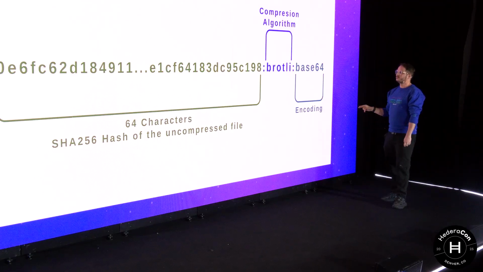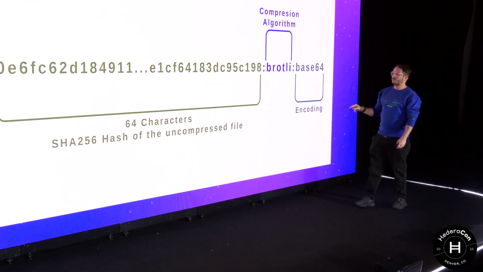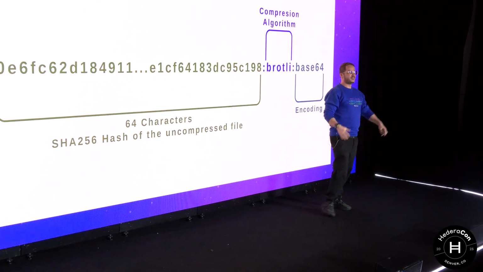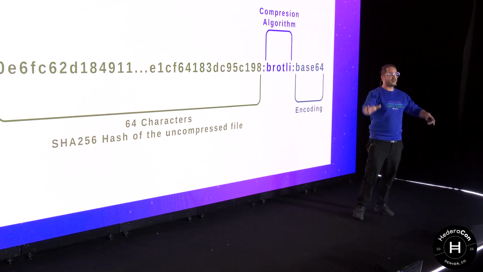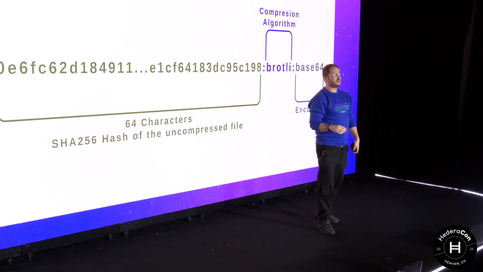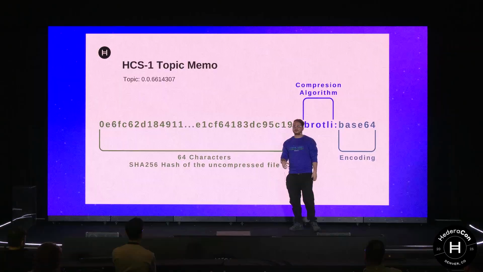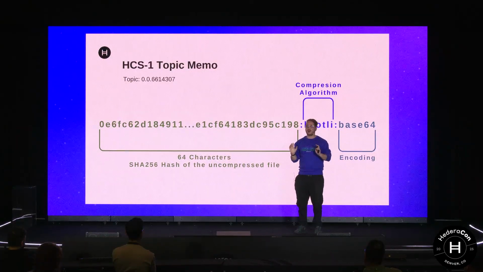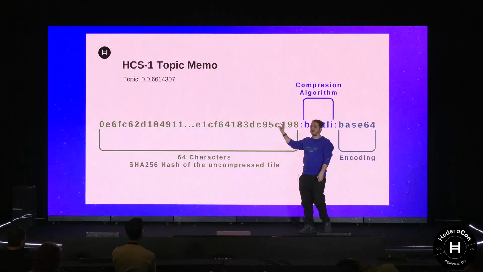So you're probably wondering, what is this hash? What is a SHA-256 hash? I don't know this stuff. Essentially, what it means is you have a 100 kilobyte file, and utilizing SHA-256, you can generate a unique hash. And it'll always be the same for that file every single time. So we store that hash on the topic memo, and here's why.